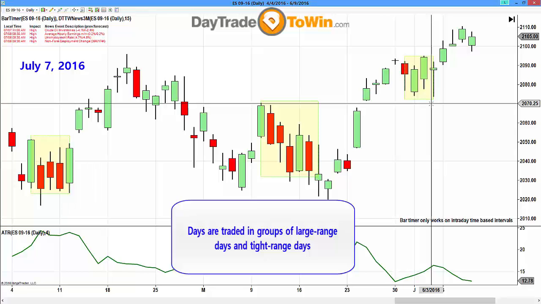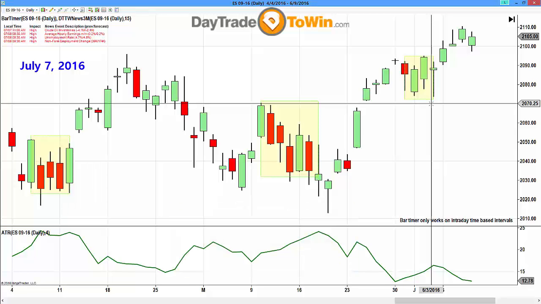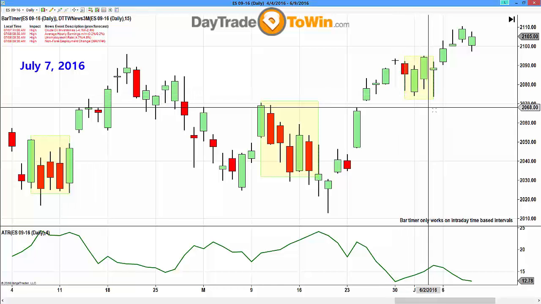Now, the reason why I'm suggesting that you look at this is because if yesterday was a day that acted a certain way, or was a trend, or maybe didn't do anything, was a non-starter, where it was very tight and a lot of chop around, then you can pretty much assume that today will be more of the same. 4, 5, 6 days in a row are typically normal cycles for a market. And I would say this is the same for any market. It's not really anything just for the E-mini S&P.